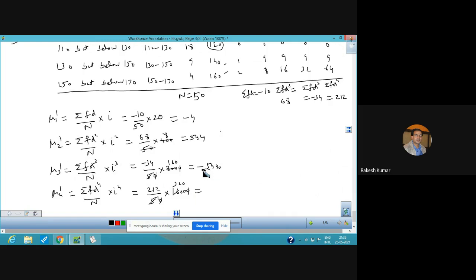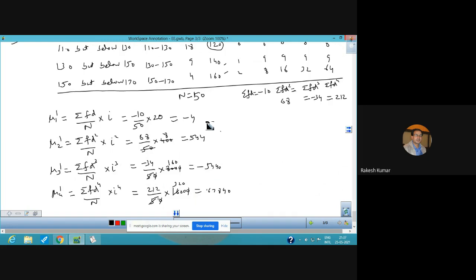Similarly, 320 into 212 comes out to be 67840. Now this is also there. Now you can easily calculate the remaining, the actual movements.